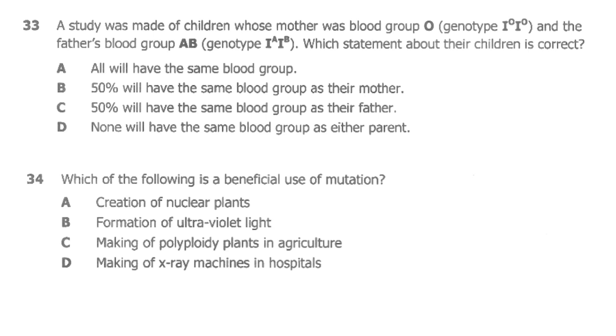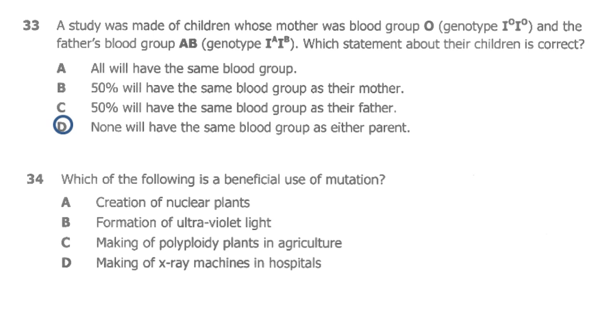B. 50% will have the same blood group as their mother. C. 50% will have the same blood group as their father. D. None will have the same blood group as either parent. So here our answer is D. No one will have blood group O, and no one will have blood group AB. So here our answer is D.